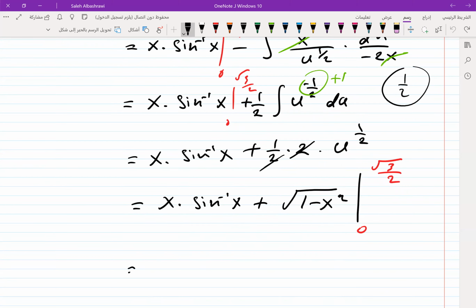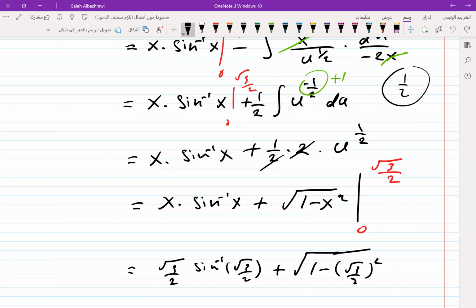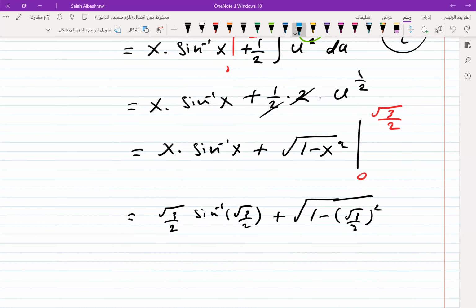Now find the value. It will be square root of 3 divided by 2 sine inverse of square root of 3 divided by 2 plus square root of 1 minus 3 over 4. This is the upper limit minus the lower limit. That will be 0 multiplied by sine inverse of 0 plus square root of 1 minus 0.